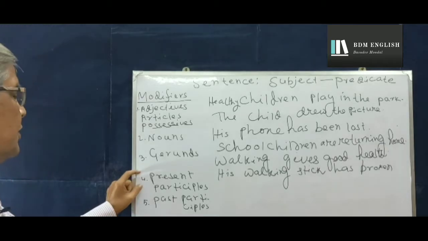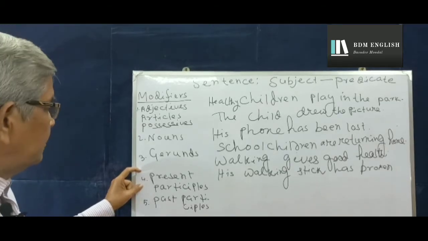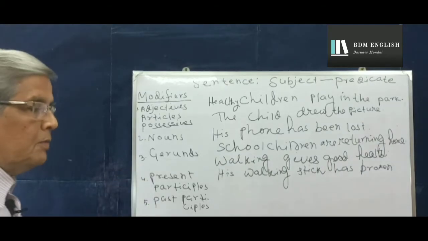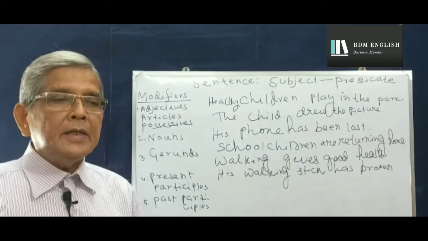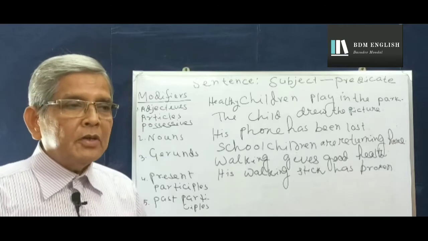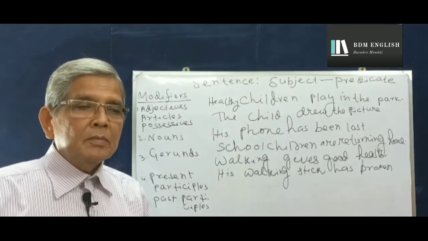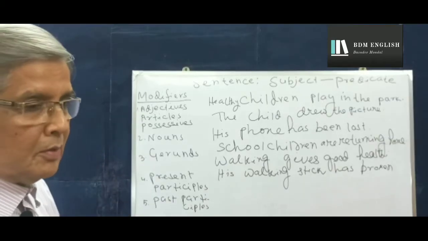The fourth category of modifiers is comprised of present participles. We get the present participle of a verb in the same way as we get its gerund. That is by adding ing to the base form of the verb. So driving, surfing, flying, walking, etc. can be used both as a gerund and as a present participle.